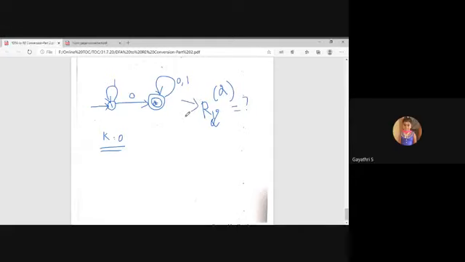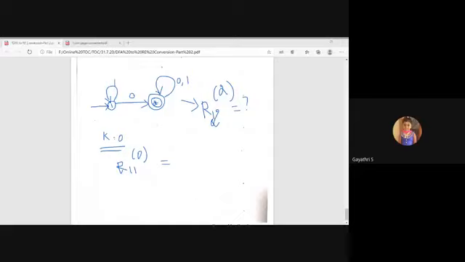So this regular expression is actually the output of this automata. Okay. So for k equal to 0 case, what about R11 of 0? Post your answer here. R11 of 0 from this diagram.